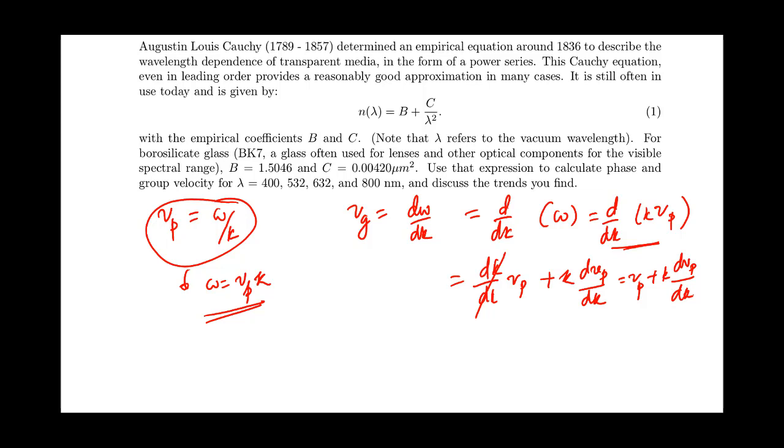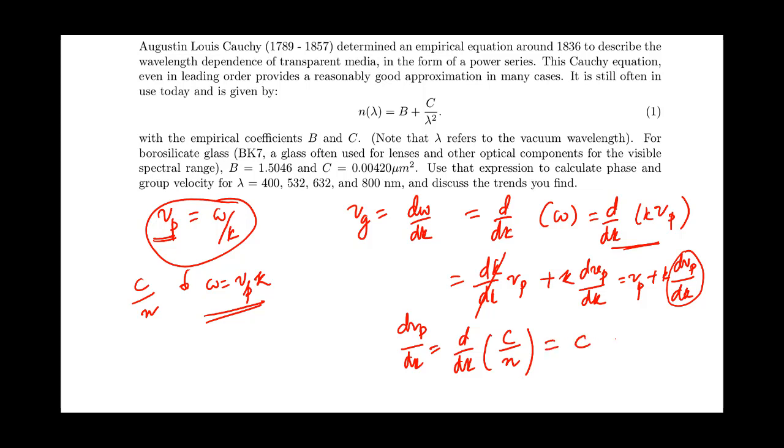Now if you are going through some medium, the phase velocity is essentially the speed of light divided by the refractive index. So I can write dvp by dk, this term, as d by dk of c by n. c is just a constant, so I can pull that out.